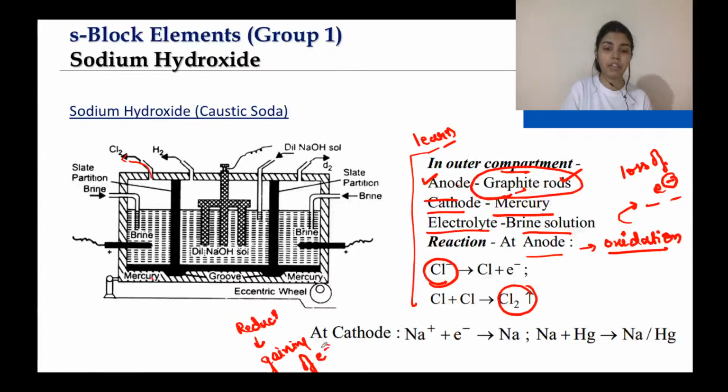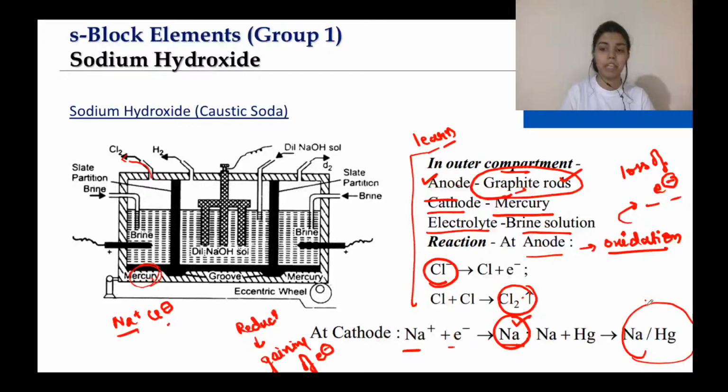So here Na plus plus electron will give you sodium. Right. The brine solution is having Na plus and Cl negative ions. So Cl negative at the anode will yield Cl2 gas, which is let out of the chamber through this outlet, right? And this Na plus gets reduced at the cathode to form sodium. This sodium combines with the mercury to form sodium amalgam, NaHg.